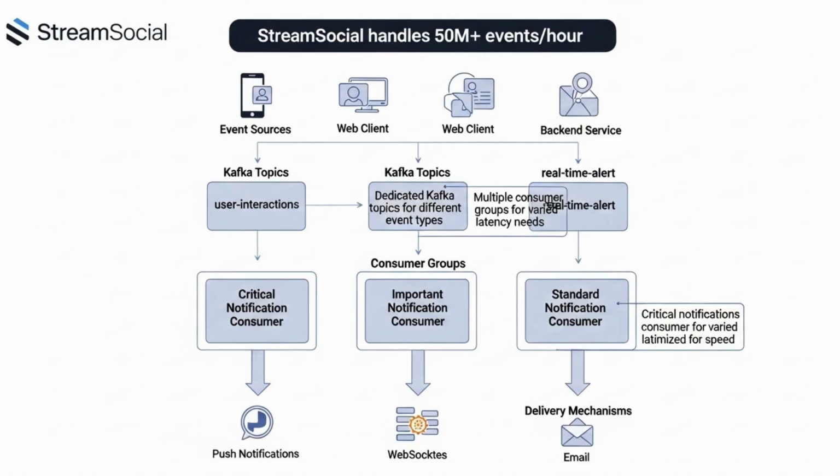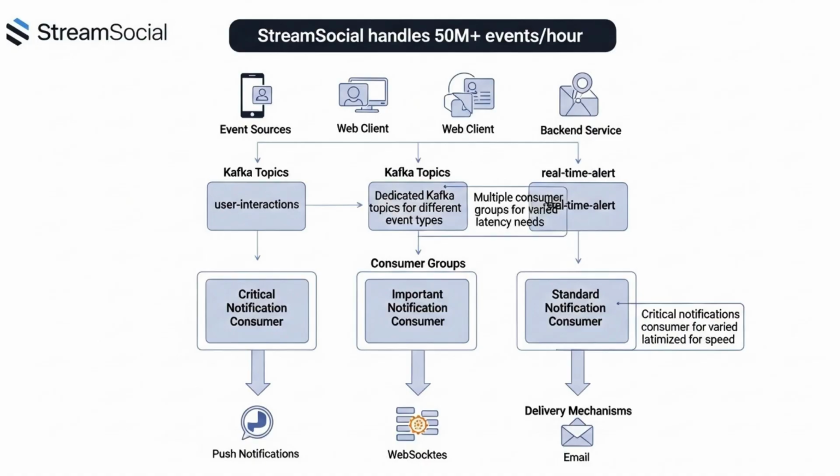But here's where the consumer group strategy comes in. We don't just have one consumer. Instead, Stream Social employs 3 separate consumer groups, each meticulously optimized for different latency requirements. We have a critical notification consumer for DMs and live alerts, which is our 50 millisecond target. Then an important notification consumer for likes and comments, aiming for under 100 milliseconds.